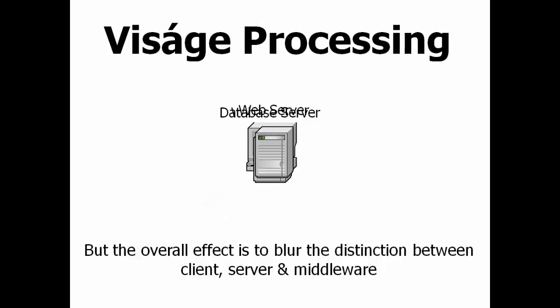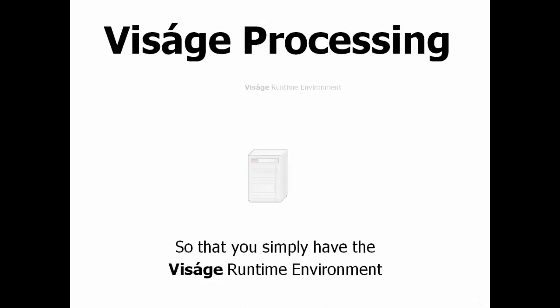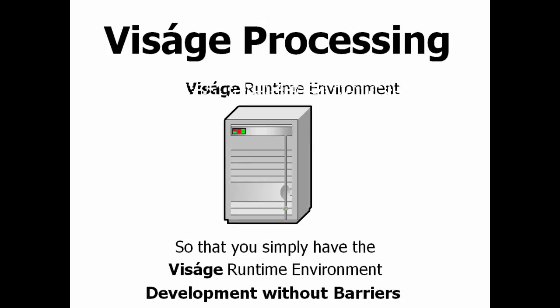So although it's a three-tiered architecture, or really a multi-tiered architecture, you can treat it as if it's just this single unified environment, which we call the Visage runtime environment, or the VRE.